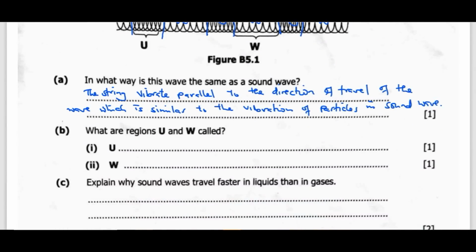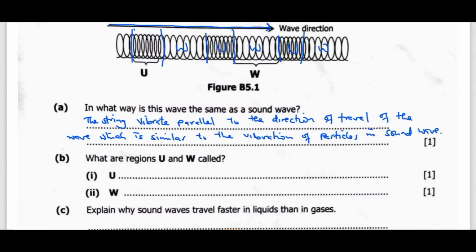What are regions U and W? The region that we identify as U is known as the compression.